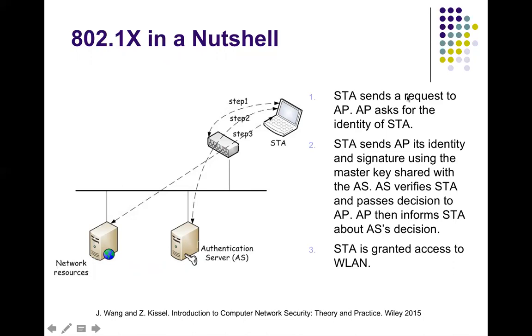So STA sends a request to AP, a request to join. AP then asks for the identity of STA.